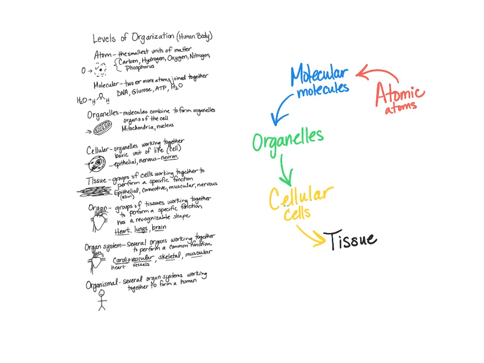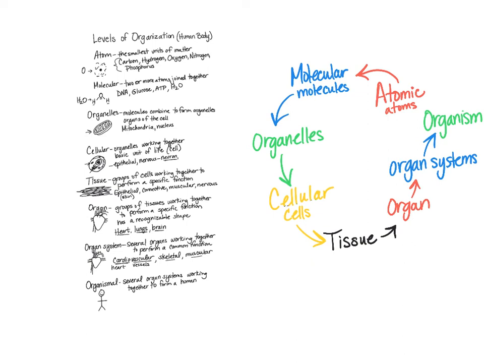Then as we put different tissues together, what we end up with is an organ. They're all going to be working together to perform a specific function. And then next, when we take our different organs and put them together, we get our organ systems. And then after our organ systems, we get our organism.